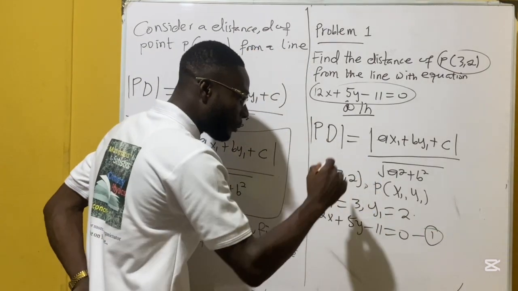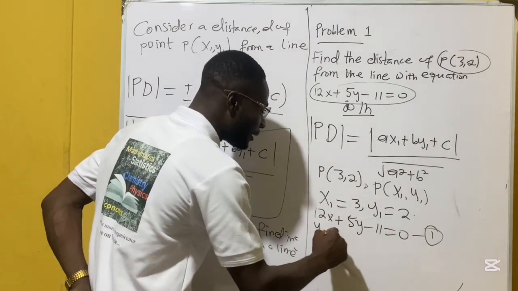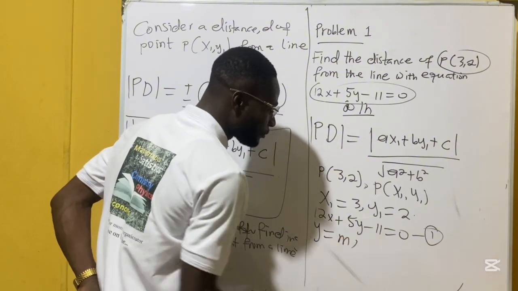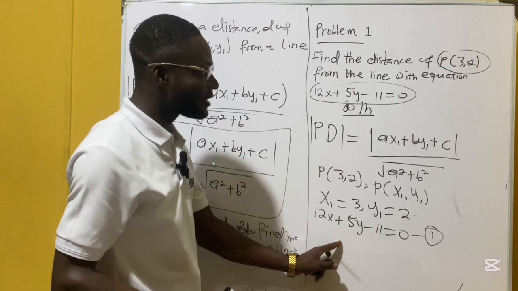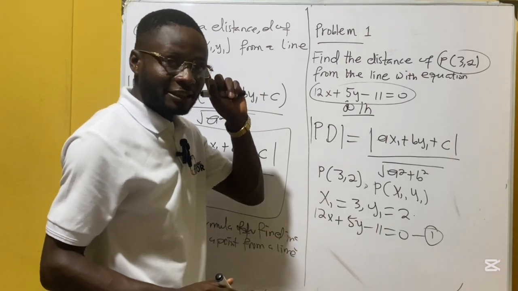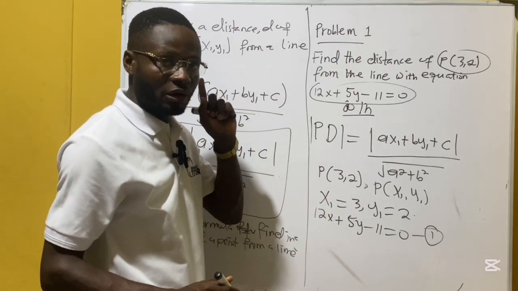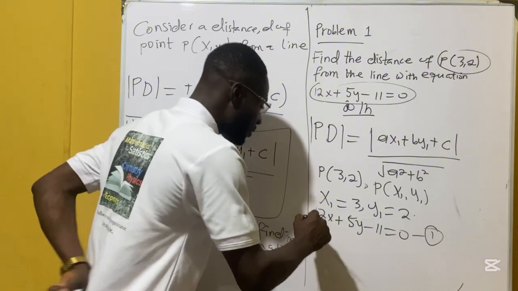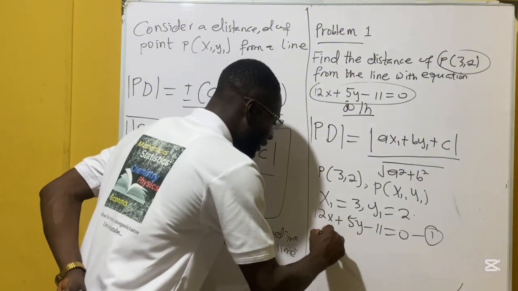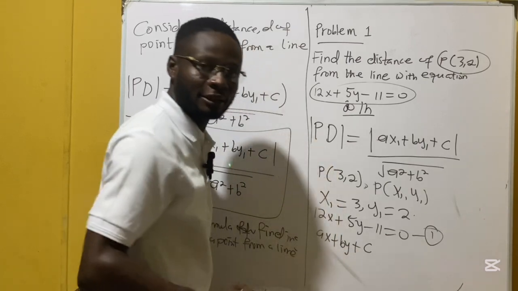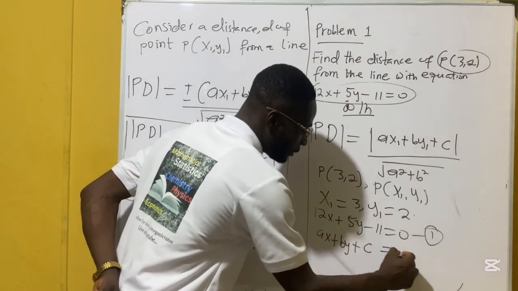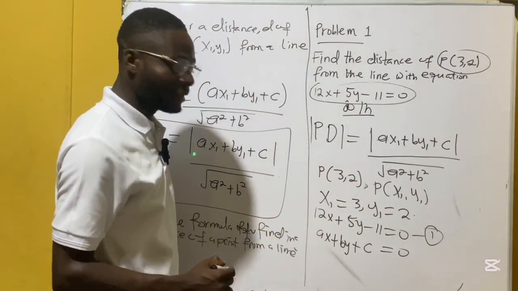So we compare this with the general equation of a line, that is ax plus by plus c equals 0, right?